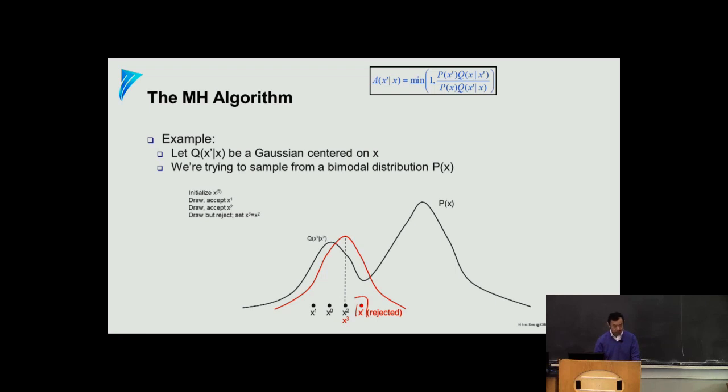When rejection happens, you basically just take the older example and put it into your bag, and reuse this proposal centered at x2, so x3 equals x2. You can tell why it is rejected: this ratio happened to be close to 0, so it is very unlikely that this example can be accepted.